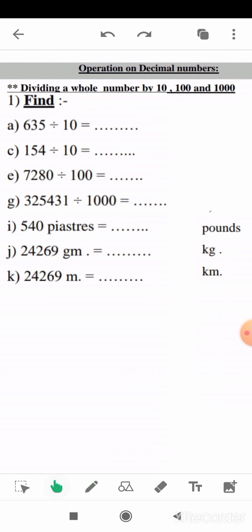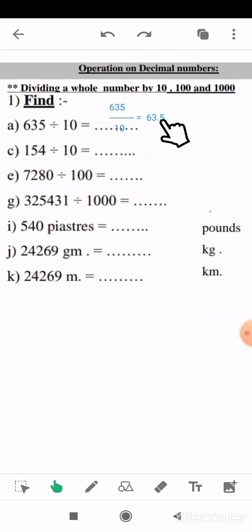Here in this example, dividing numbers by 10, 100, and 1000. Okay, so if I have 635 divided by 10, how to solve this problem? We will make it as a fraction like this. As we know, 5 will take 0 and go down, and 0 and 1 will transfer by a point, and the rest of the number will go down from it.